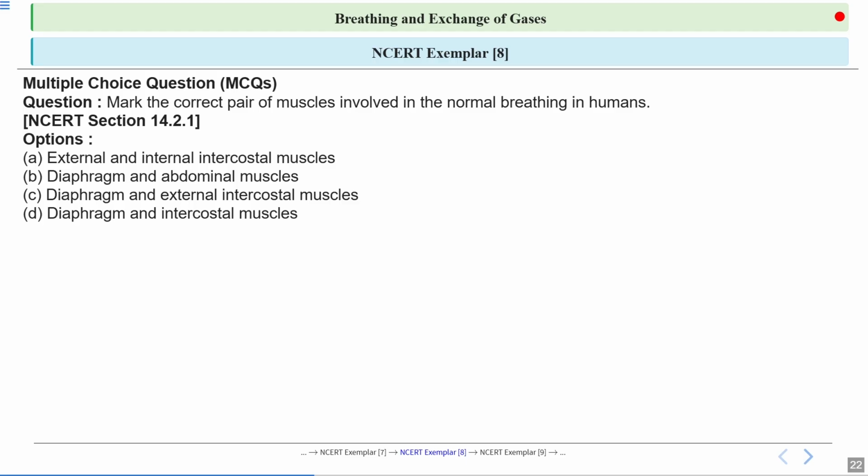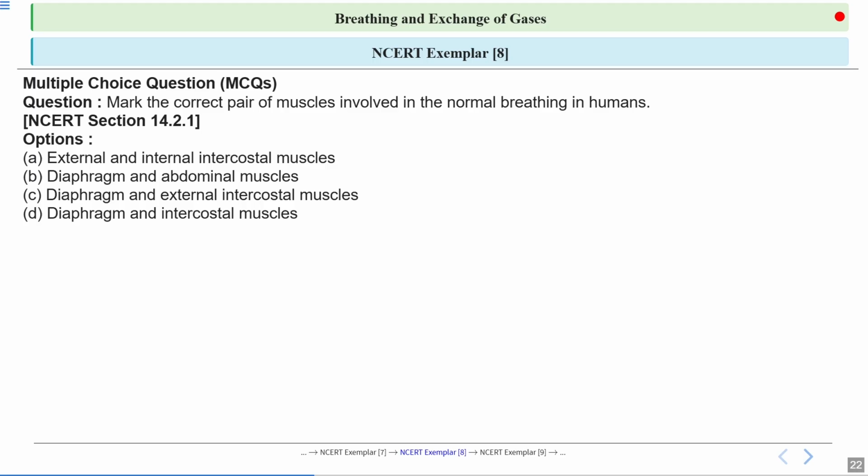Mark the correct pair of muscles involved in the normal breathing in humans. This question is coming from the NCERT section 14.2.1. Let us see the options. A. External and internal intercostal muscles. B. Diaphragm and abdominal muscles. C. Diaphragm and external intercostal muscles.